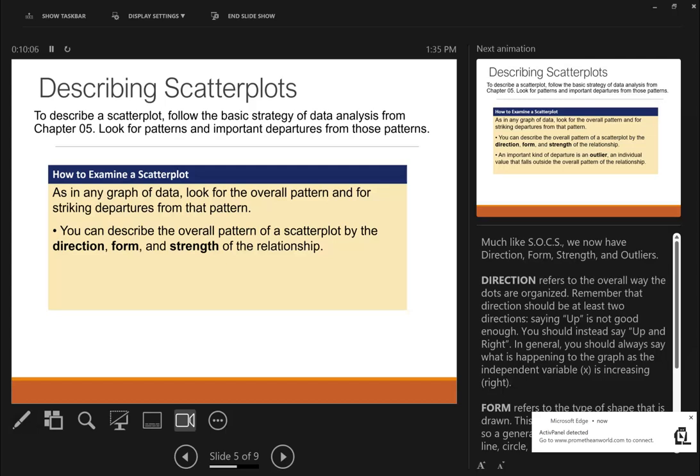So those are the three things if we're asked to describe a scatter plot: direction, form, and strength. And we'll use specific vocabulary to describe each of those three things in a moment.